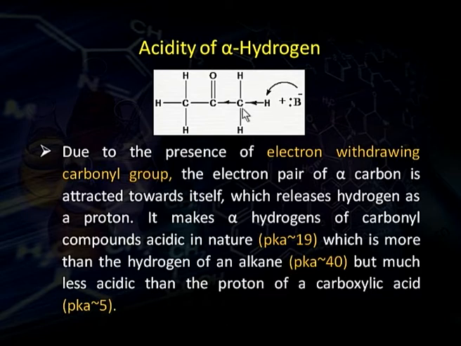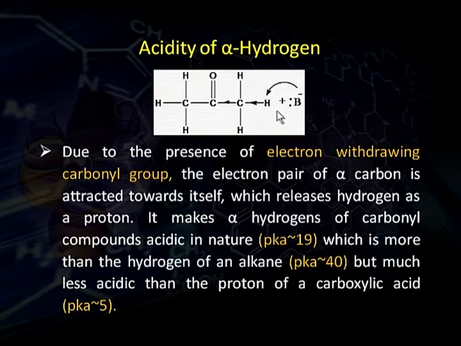This alpha carbon atom in turn attracts the electrons from the C-H bond, thereby decreasing the electron density and making this H weakly attached. When it is treated with a base, this H is removed in the form of a proton. This is the acidic nature of alpha hydrogen.